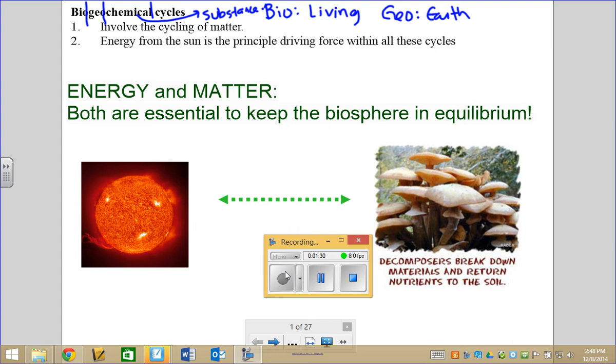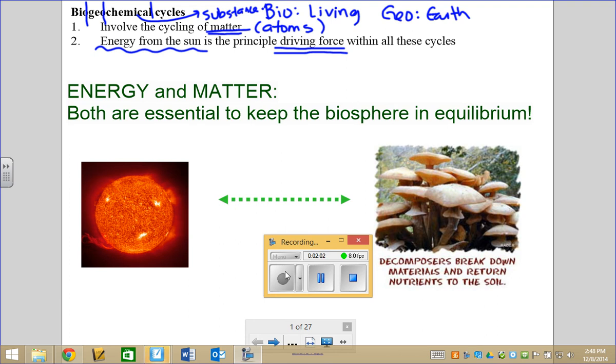Now, each of these cycles involves the cycling of matter. That means actual stuff, atoms, things that you could touch. But these cycles all require energy from the sun as the principal driving force. That means that these cycles would not exist without energy.